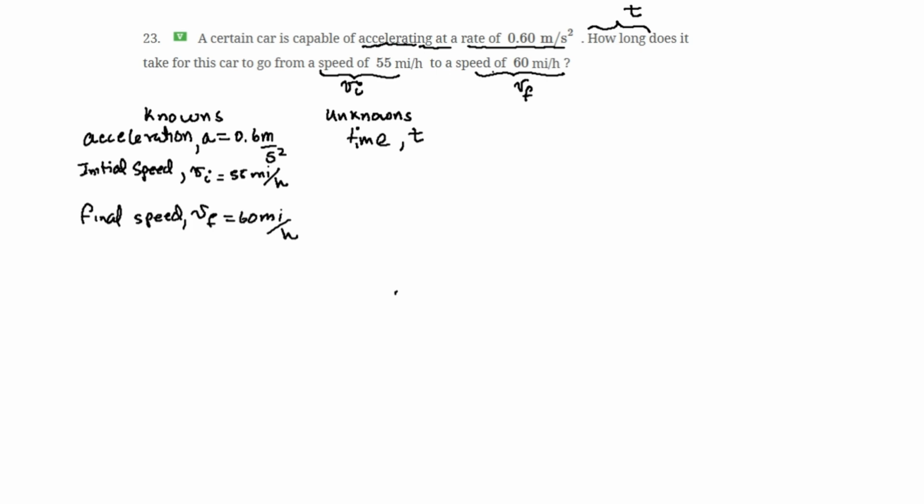Well, there is one that we know that says that v final equals v initial plus acceleration times time, right? There is one formula that looks just like this that relates final speed, initial speed, acceleration, and time.